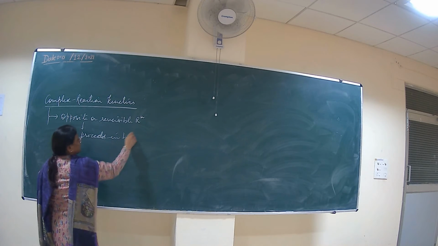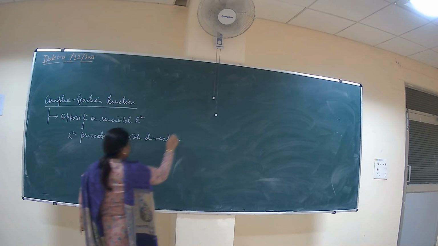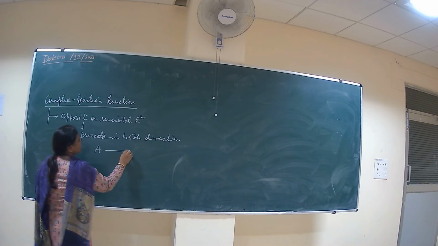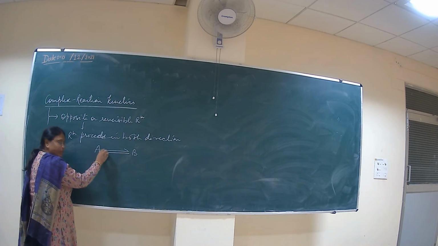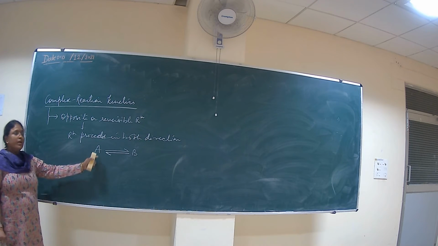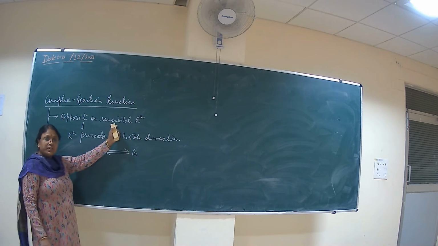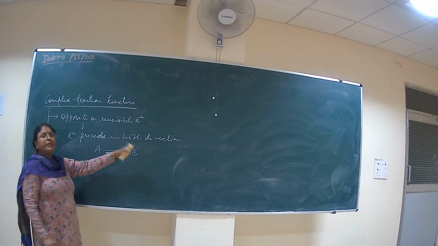For example, A is converted to B, and when a sufficient amount of B is formed, then it is again converted into the original reactant molecule. Now for such type of reaction, this reaction never reaches completion. Means this reaction is never complete.